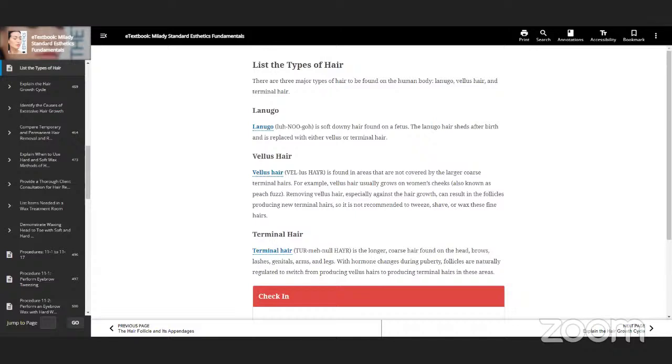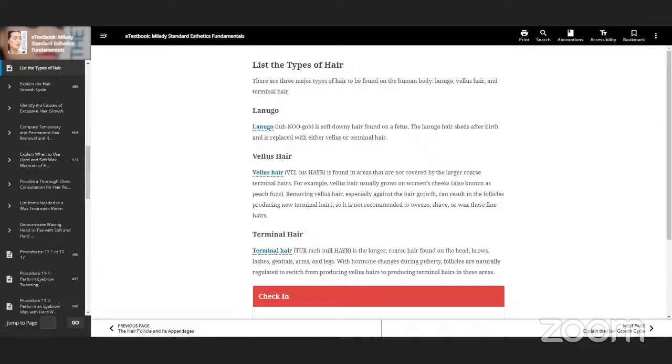Do what you do. But sometimes you have to educate the masses when you have clients come in talking about, they know this hair, they got that hair. You're like, look, lanugo hair is replaced at birth. That's what babies are born with. And what is it replaced with? Vellus or terminal hair. And it's heredity based on what they end up getting.